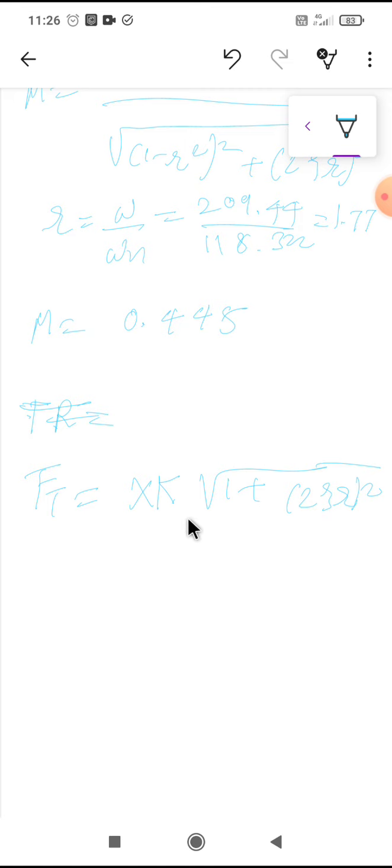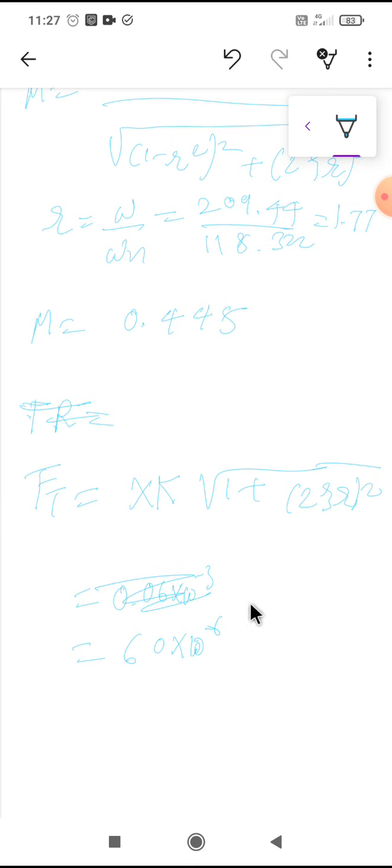So do we have x? Yes, directly the amplitude x is given, that is 0.06 mm. So we can use here 0.06 into 10 raised to minus 3, and I can write here 60 into 10 raised to minus 6.